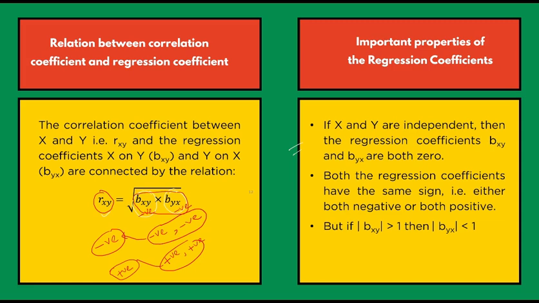This is how you extract the correlation from the regression coefficients. Remember this concept of finding the sign of the correlation coefficient, because mathematically, in this equation, the correlation coefficient will always be positive, but whether it is positive or negative, you have to look into these two steps.